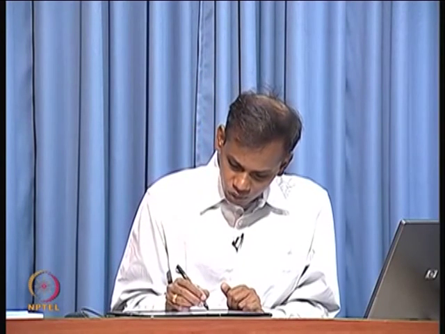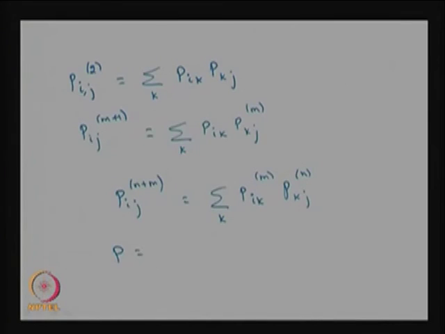So, whenever you have a stochastic process that is a time homogeneous discrete time Markov chain, then that satisfies this equation, and this equation is known as the Chapman-Kolmogorov equations. In the matrix form, you can write the capital P is the matrix which consists of the elements of one step transition probabilities.